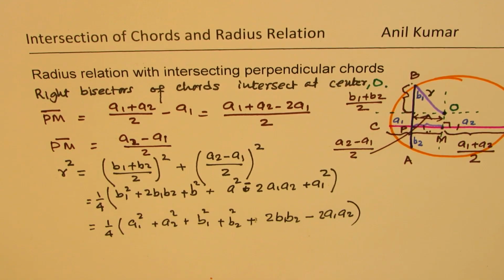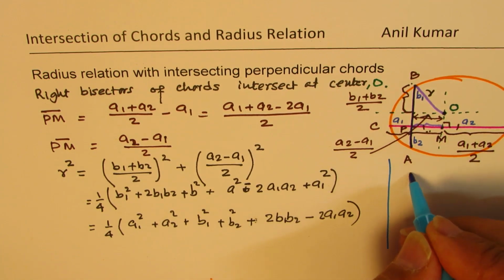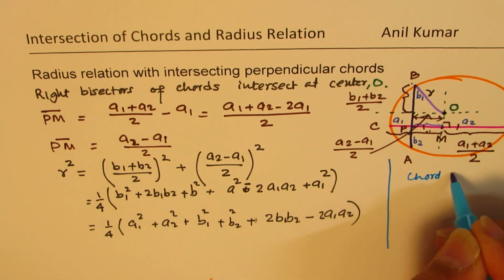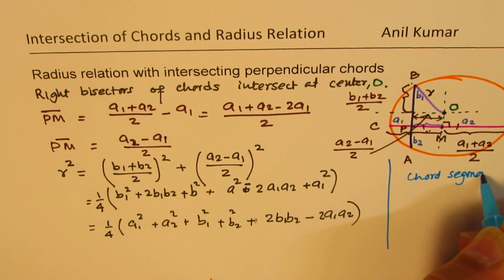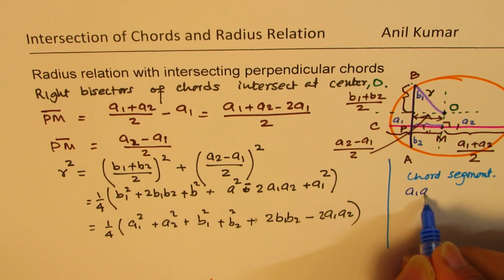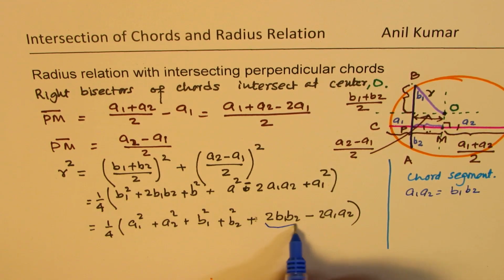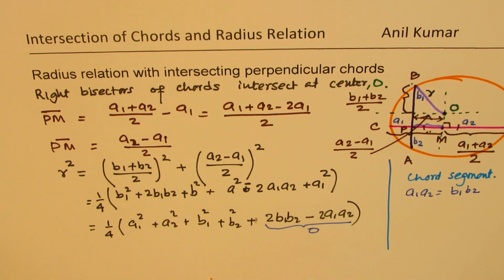Now from the chord segment theorem earlier, we know, earlier we did chord segment theorem, right? From there we know the relation that a1 a2 is equal to b1 b2. Is it okay? So 2 times a1 a2, they are equal, so this is equal to 0, clearly.